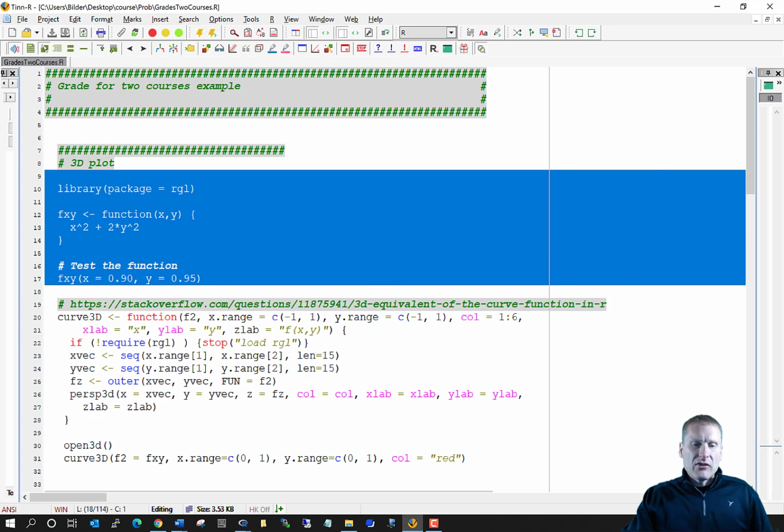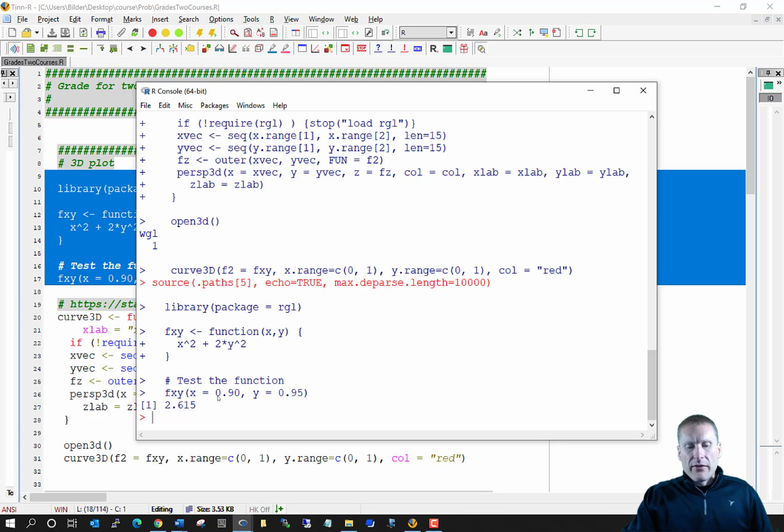And we can actually test it out. So if a grade was 0.9 for x, grade was 0.95 for y, if I pass that information into this particular function, then I get 2.615. And what this is going to represent then is the height of this surface that we're going to be plotting.